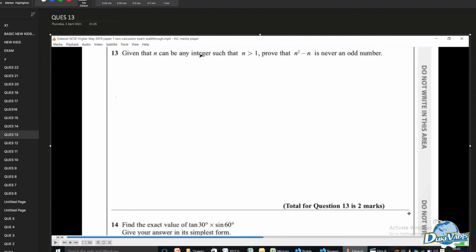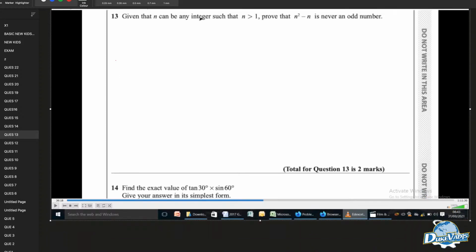It's given that n can be any integer such that n is greater than 1. Prove that n squared minus n is never an odd number. Wow, interesting.